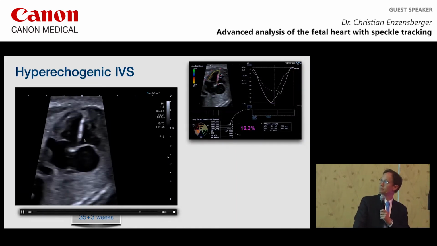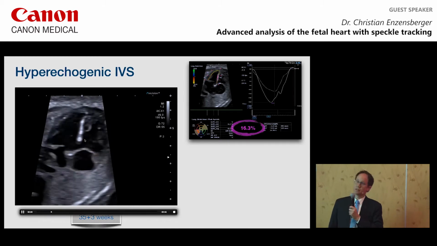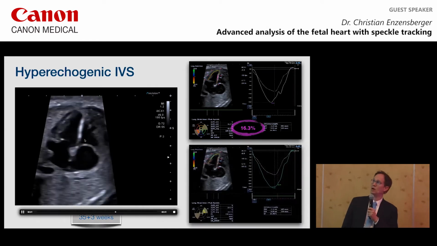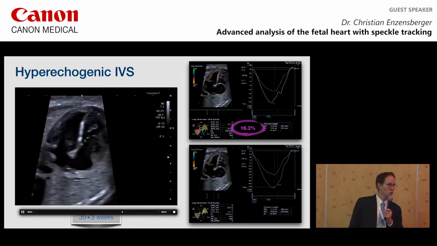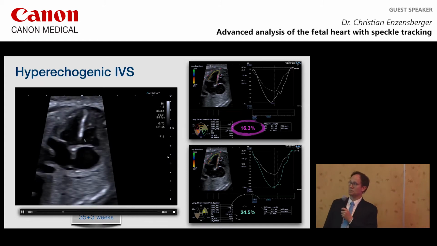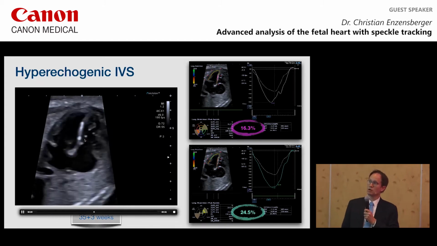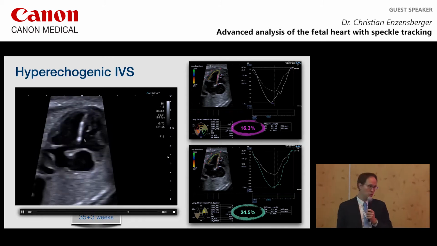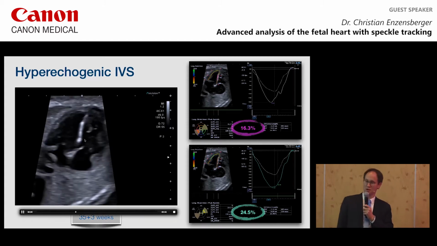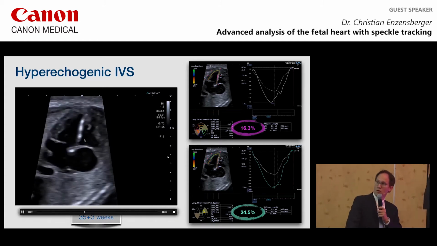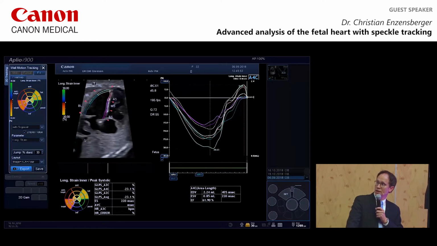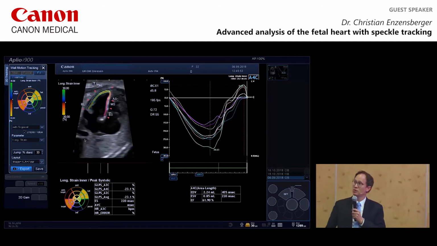is that within the segmental analysis, there was no difference to a normal heart. So in the end, the contraction of this heart is totally normal, and we tried to calm the patient down and said, okay, postnatally we offer another echocardiography.